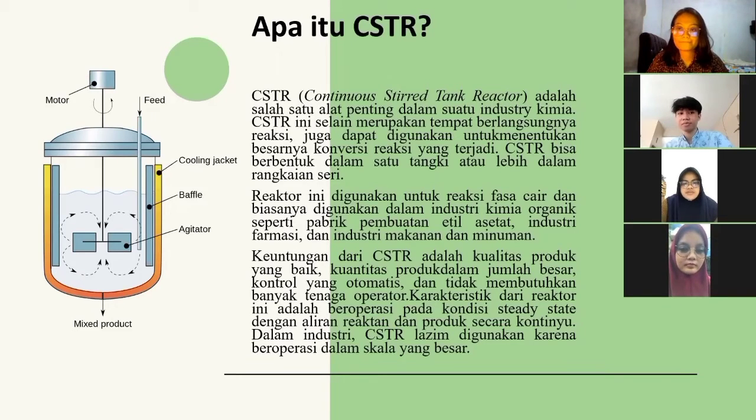It can also be used to determine the amount of conversion of the reaction that occurs. CSTR can be in one tank or more in series. The reactor is used for liquid phase reactions and is usually used in the organic chemical industry such as manufacturing plants, the pharmaceutical industry, and the food and beverage industry.